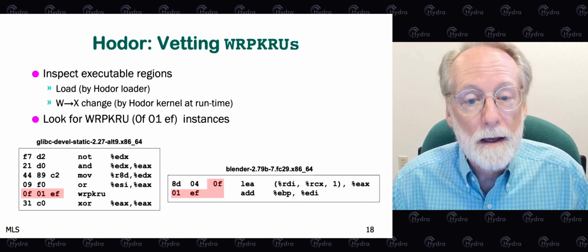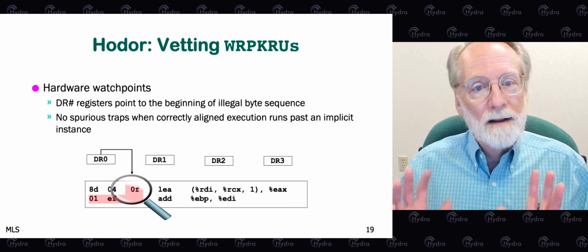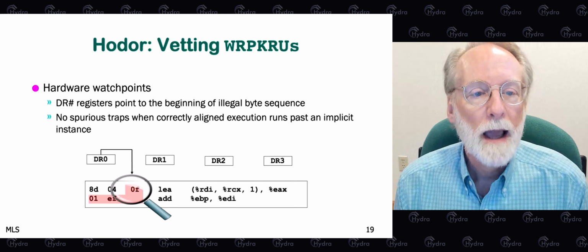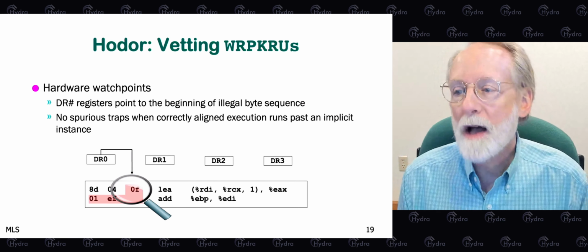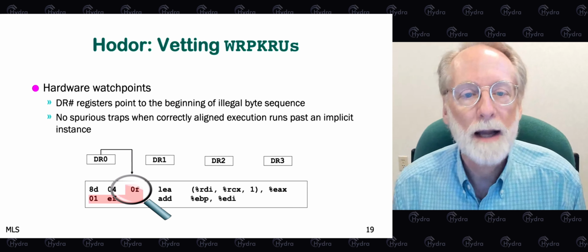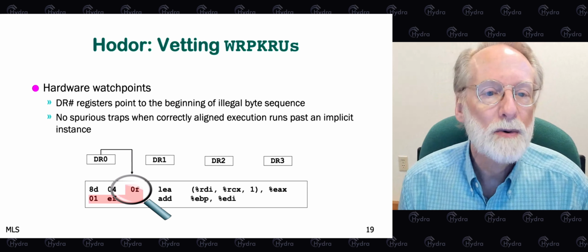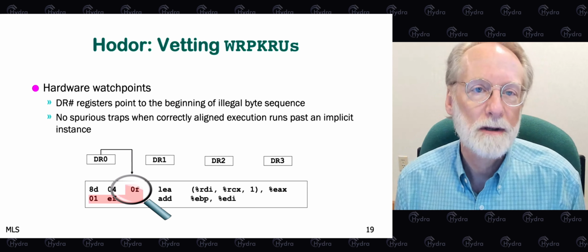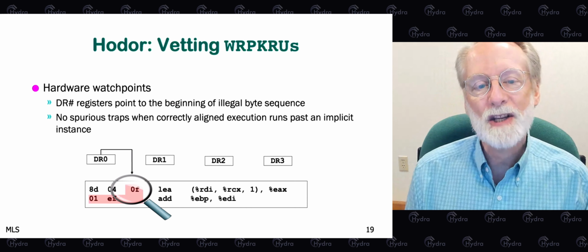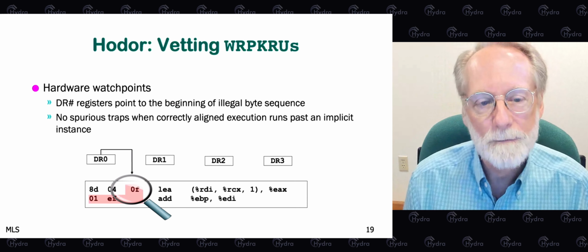So the Hodor loader scans the application and looks for all possible occurrences of that 3-byte sequence and uses the debug registers to put a breakpoint on each such sequence that it finds.